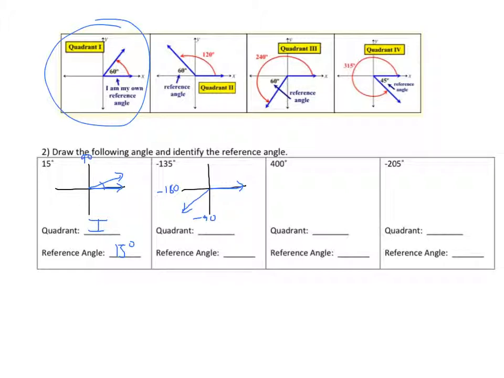So that would be negative 135 degrees, and this landed in quadrant 3. Now the reference angle is the acute angle formed by the terminal side and the x-axis, so it's going to be this angle right here. If I have negative 135 and then it's up to 180, that would be 45 degrees right there. And a reference angle is always positive.